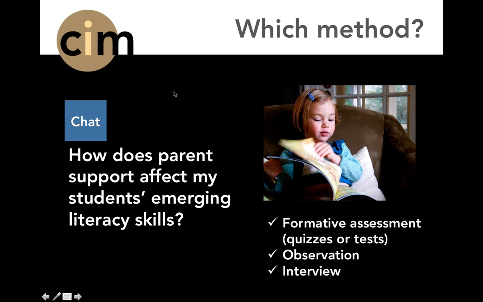The question this time is, how does parent support affect my students' emerging literacy skills? And again, if you think you would use formative, observation, or interview in this particular situation, please go ahead and put those into the chat box.